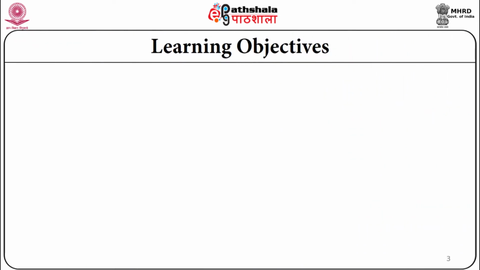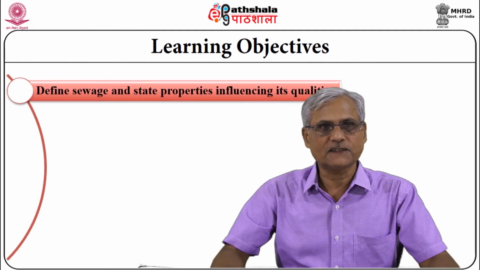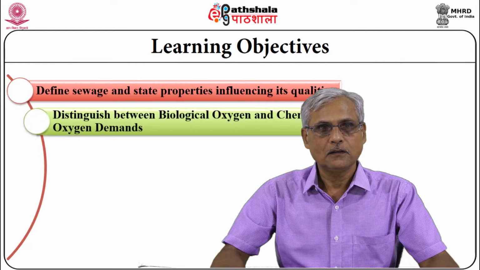A number of learning objectives have been set for this session. The first and foremost is one should be able to define sewage and state properties influencing its qualities. Number two, distinguish between biological oxygen and chemical oxygen demands.